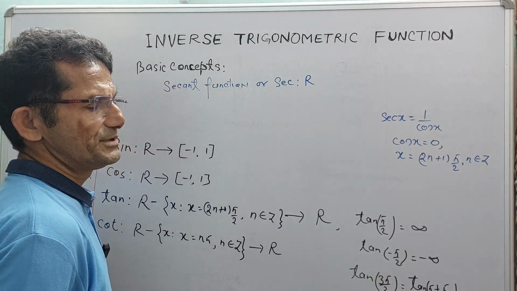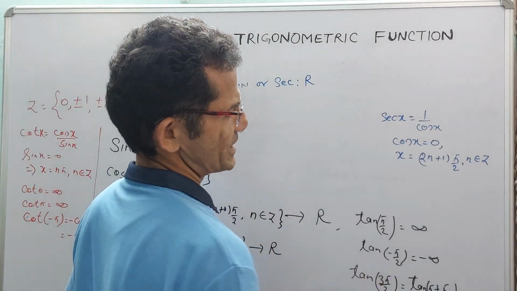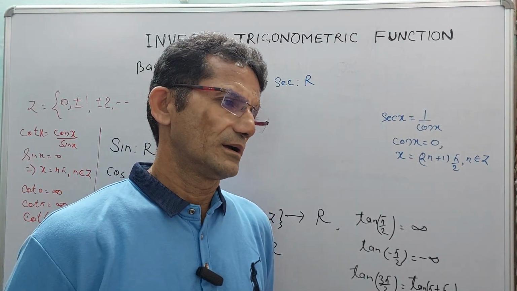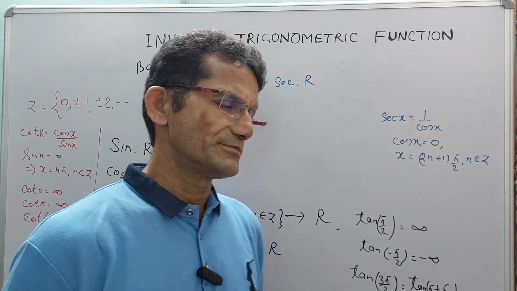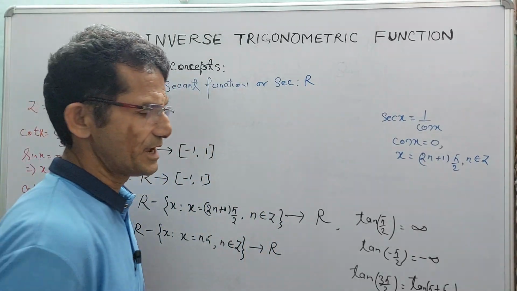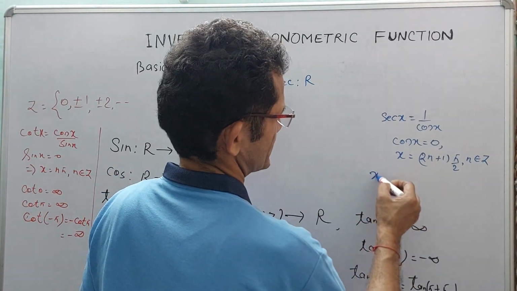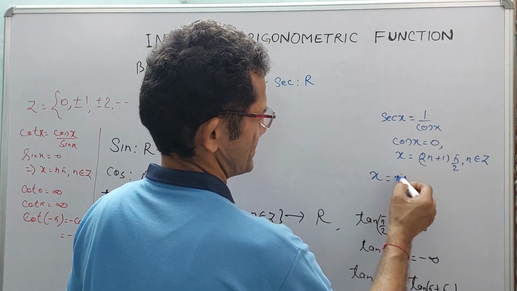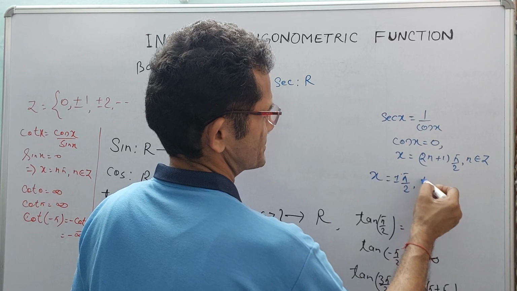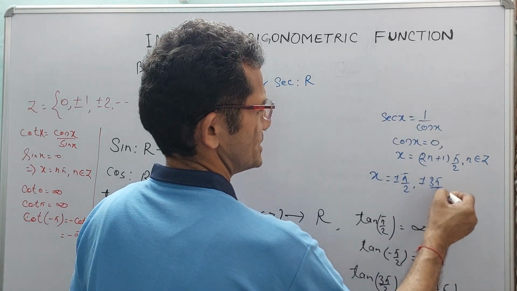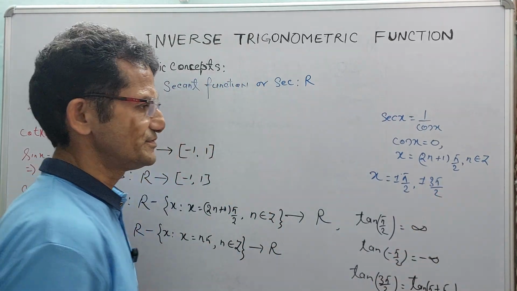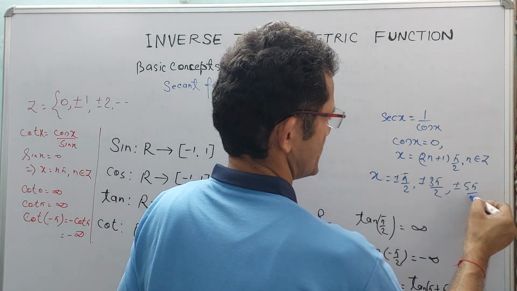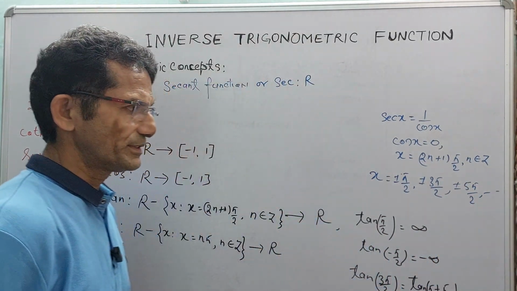So the sec function is not defined at those real numbers which are plus minus pi by 2, plus minus 3 pi by 2, plus minus 5 pi by 2, and so on.